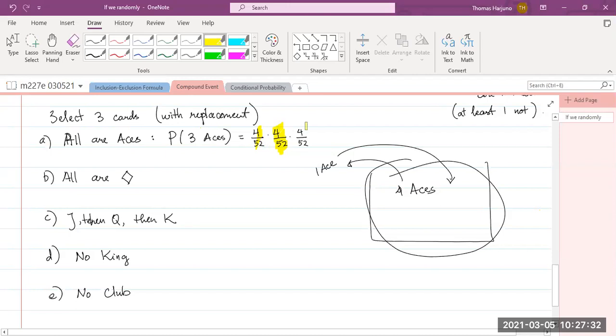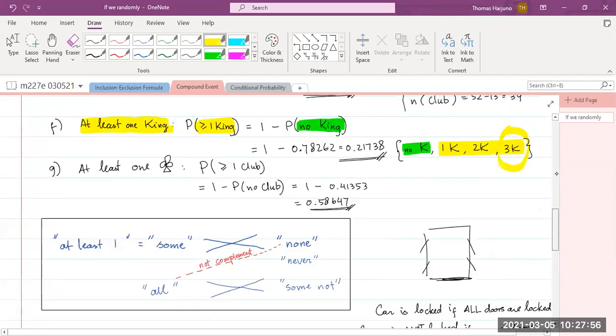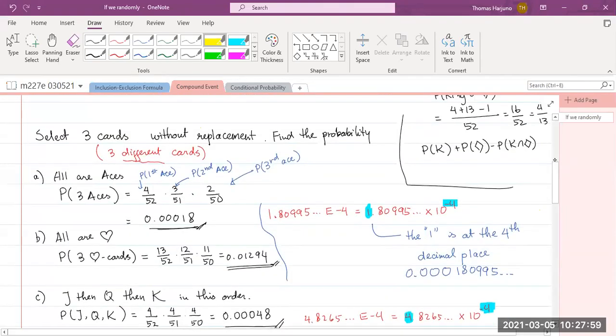The probability that you get an ace at the third draw is the same as in the second draw, and the same as in the first draw, because the situation each time you draw is exactly the same. It's still 52 cards and 4 aces in there. Not the same as when you do it without replacement, when the first ace you took has to be excluded from the second draw. You don't put it back.